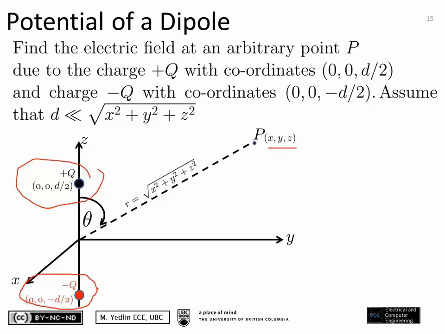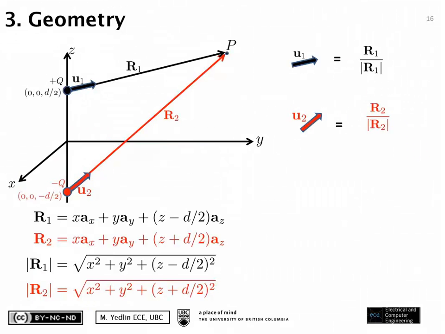Coordinates x, y, z. And again, we have this condition that d, the separation between the charges, is much smaller than the observation distance. Again, we see the geometry of the dipole. I've indicated everything we needed when we used Coulomb's law before. Now we just need the distances.